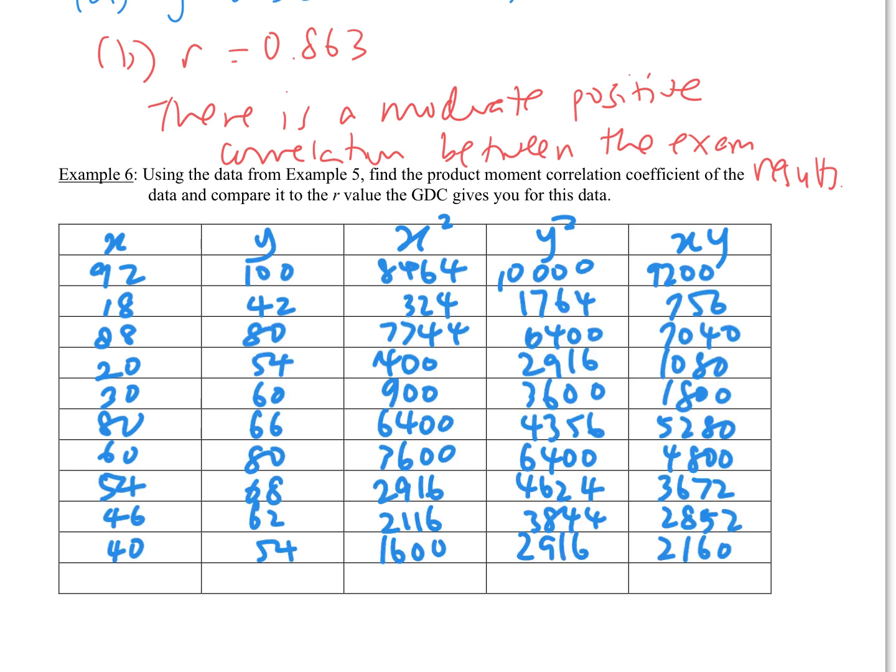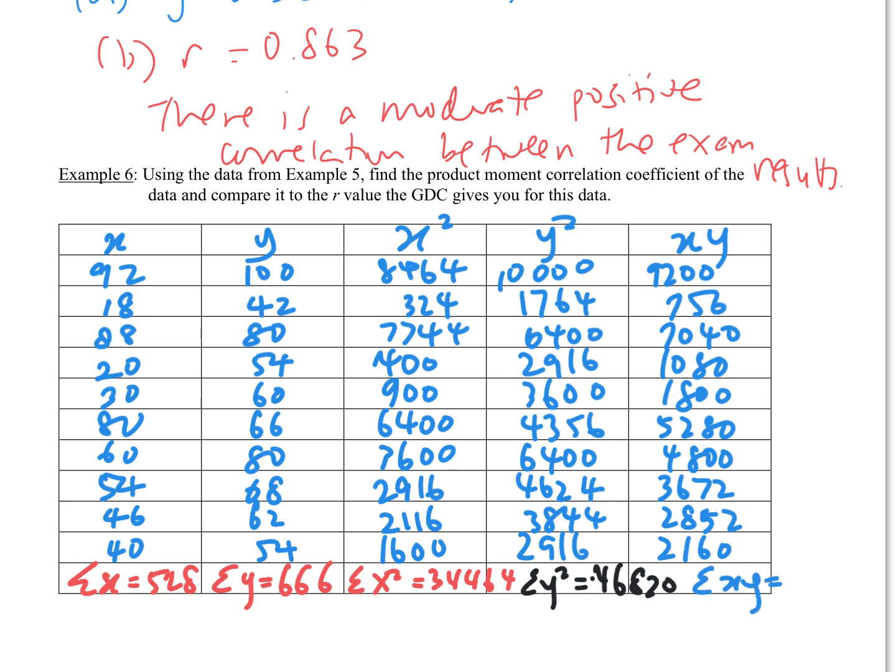From here, the sum of x is equal to 528. The sum of y is equal to 666. The sum of x squared is equal to 34,464, and the sum of y squared is equal to 46,820. The sum of x times y is equal to 38,640.